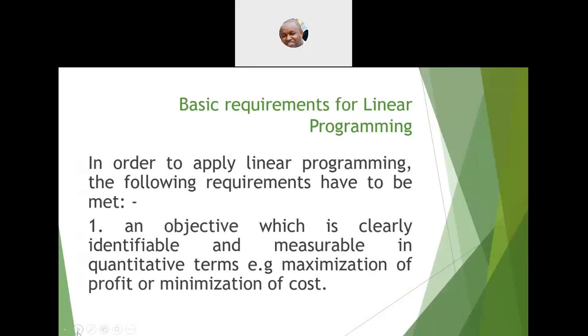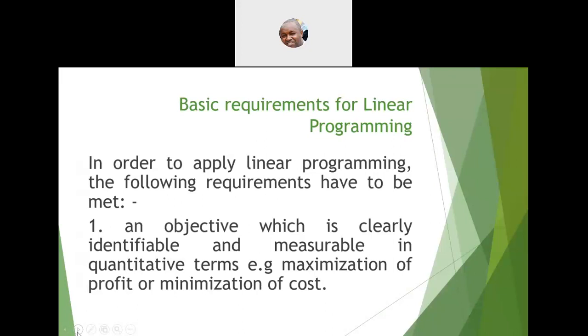Now, what are the basic requirements for a linear program? For us to apply linear programming technique, we'd have to meet the following requirements. The first one, we must have a goal or an objective which we can clearly identify and measure. The measurement must be in quantitative terms.